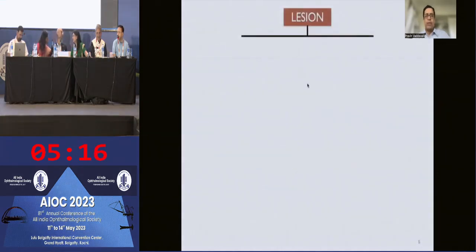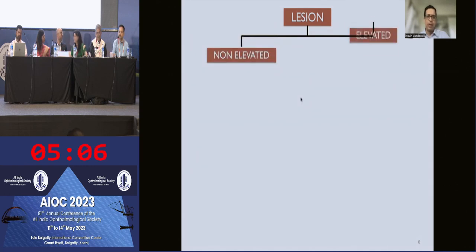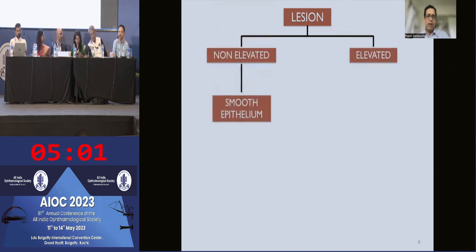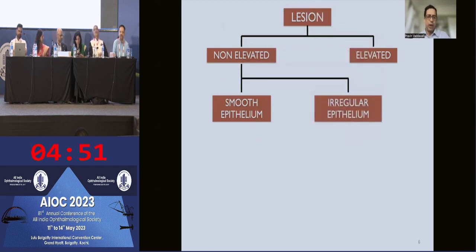How do you choose which surgery will be most beneficial for which patient? You have a lesion that is non-elevated, that is, flat on the surface, versus a lesion that is elevated. For non-elevated lesions, you have to differentiate whether the epithelium is smooth or not. You can identify the lesion on slit lamp examination, and whether the epithelium is smooth or irregular on topography.